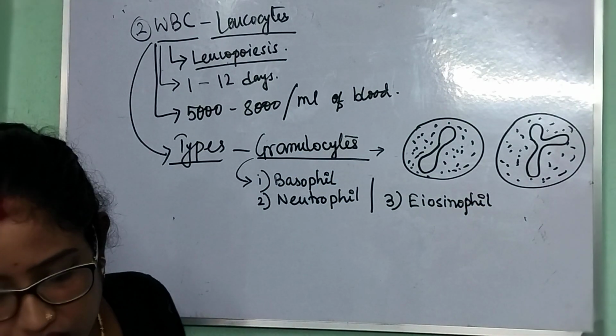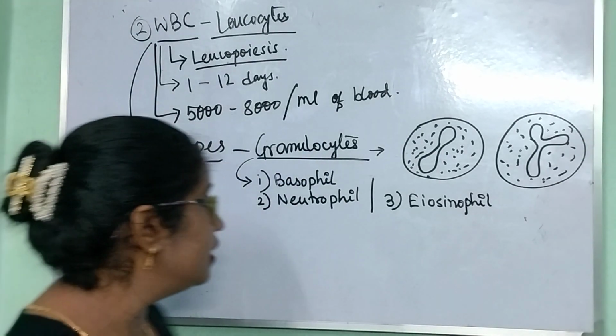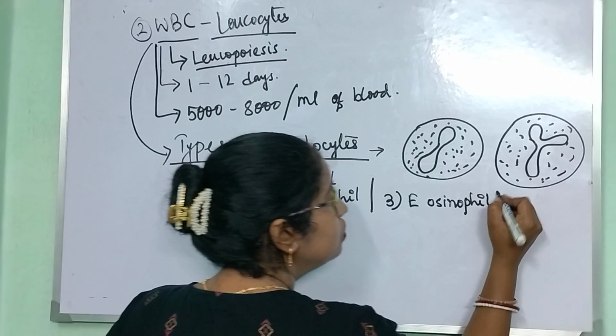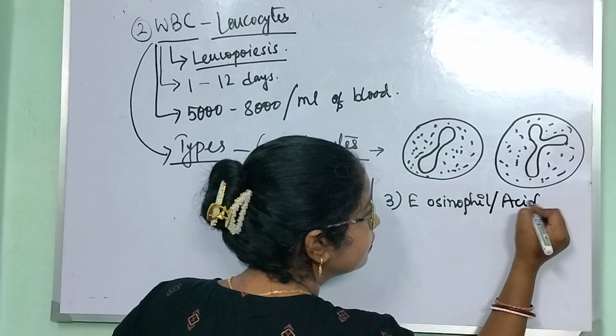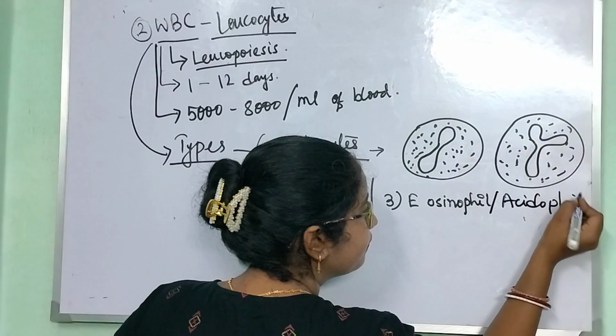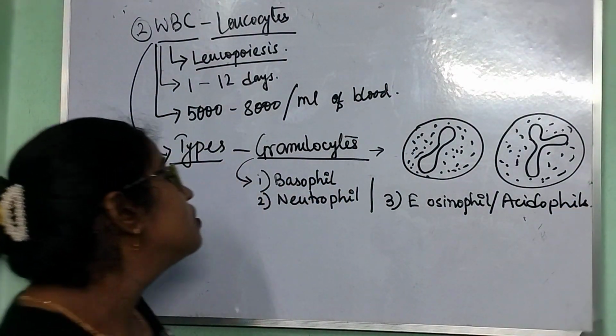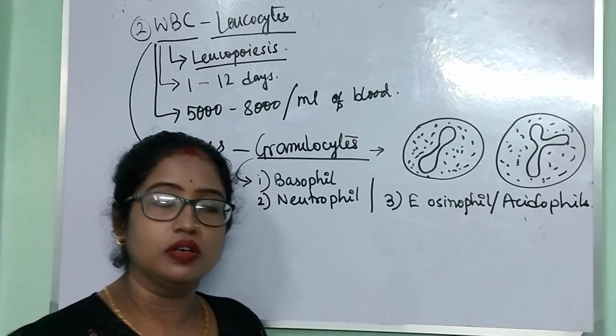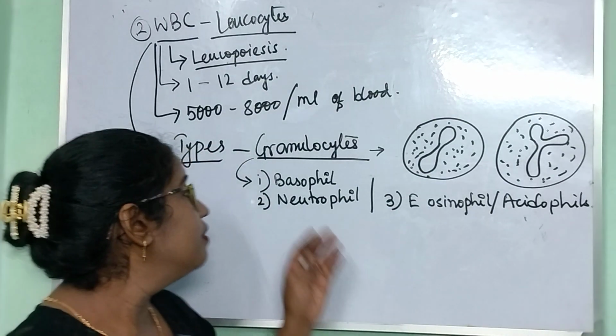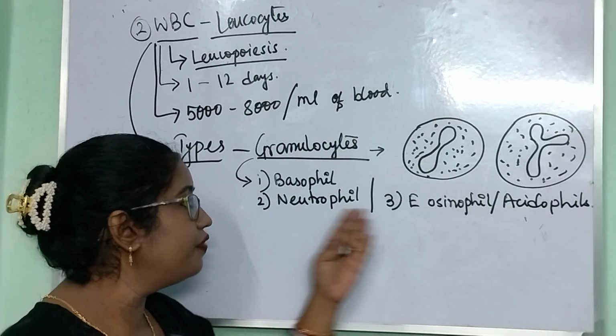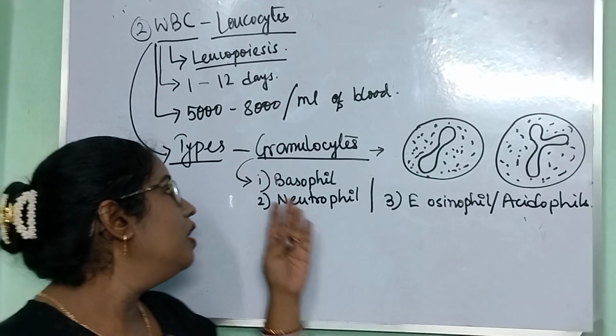Eosinophil, also known as acidophils. There are three types of granulocytes: basophil, neutrophil, and eosinophil.